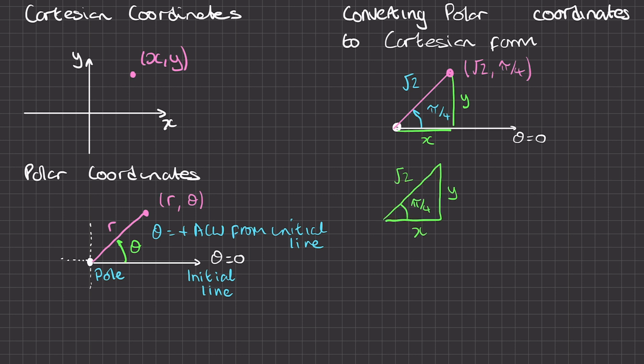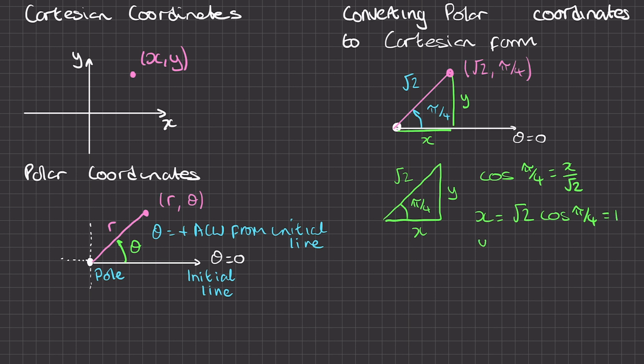To work out the x value, we can use trigonometry. Where we want to find the adjacent side, we have the hypotenuse and the angle. So the cos of pi over 4 will be the adjacent x over root 2, the hypotenuse. So therefore, x will equal root 2 cos pi over 4, which is equal to 1.